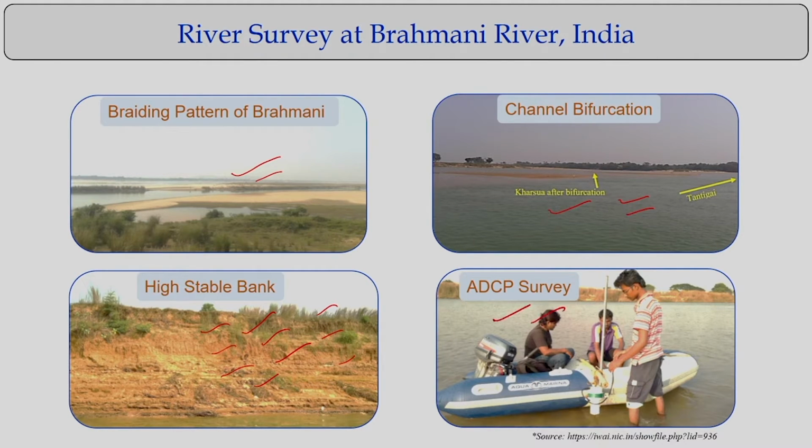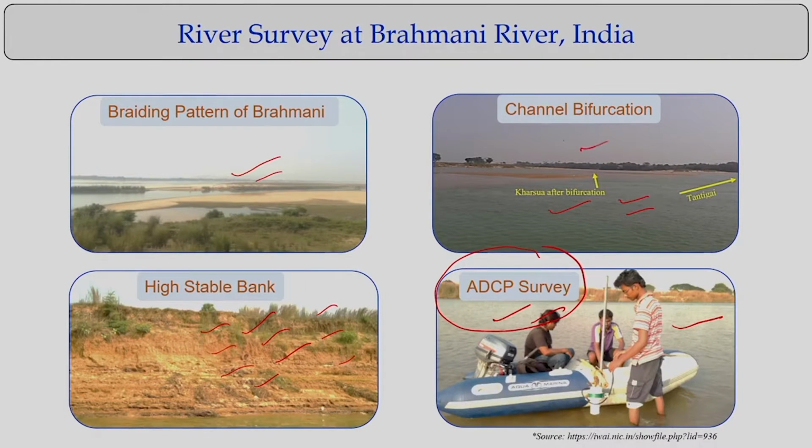And we can go for measuring the velocity distributions, the discharge, the sediment concentrations, with equipment like acoustic Doppler current profilers. We can do a very extensive river survey to quantify how much water flow there is, how much sediment flow there is, and how it varies from location to location.